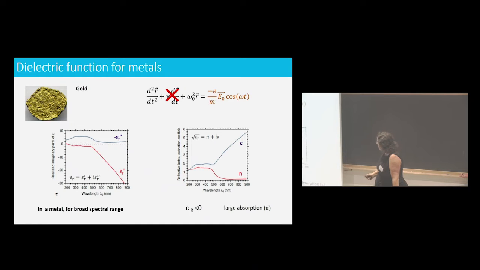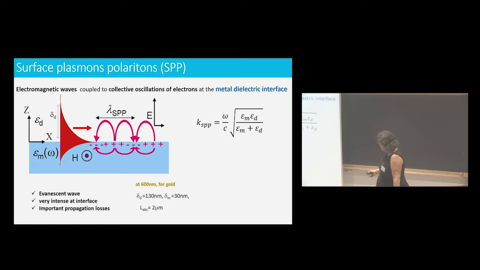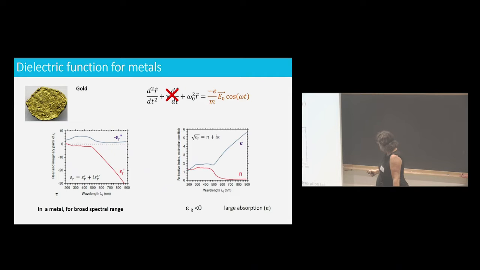In fact, for gold, you see this yellow color. This is linked to this. When you calculate the reflection coefficient of the system, in this yellow region, from here to here, the reflection is equal to 1. That's why you have this color.